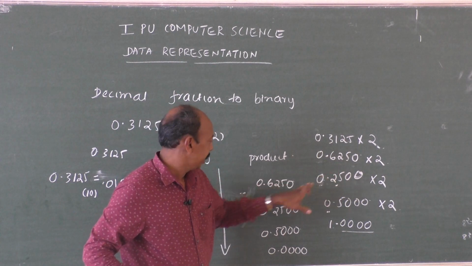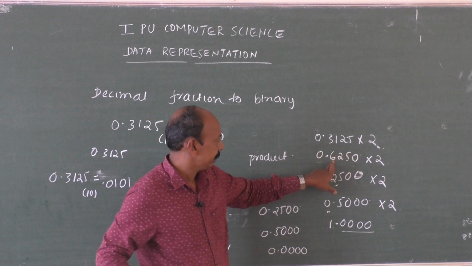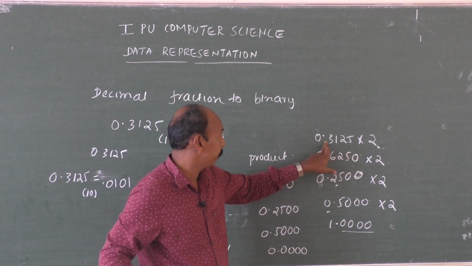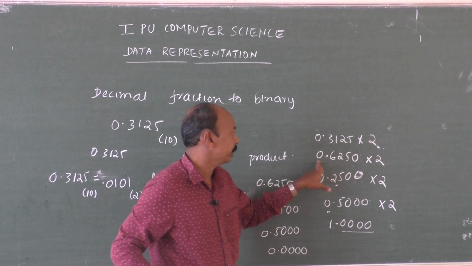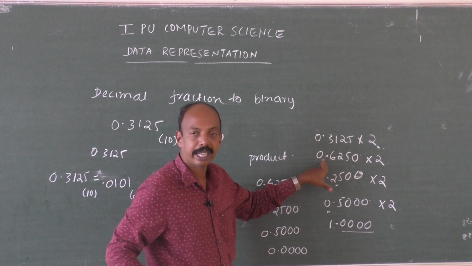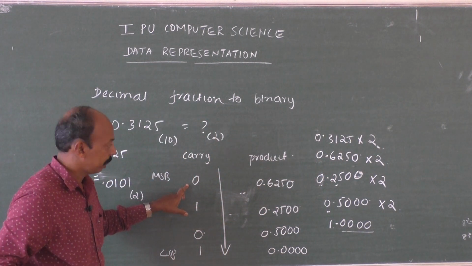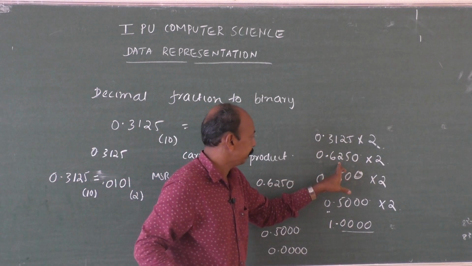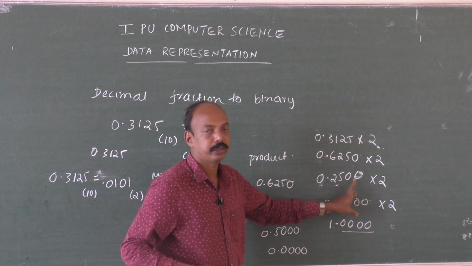Be careful while multiplying. If you get a carry, for example, in this case, in the first step, when we multiply 0.3125 by 2, we got 0.6250. Since we don't have any carry, we had written 0 here. But when we multiplied by 2 once again, it was 1.2500.